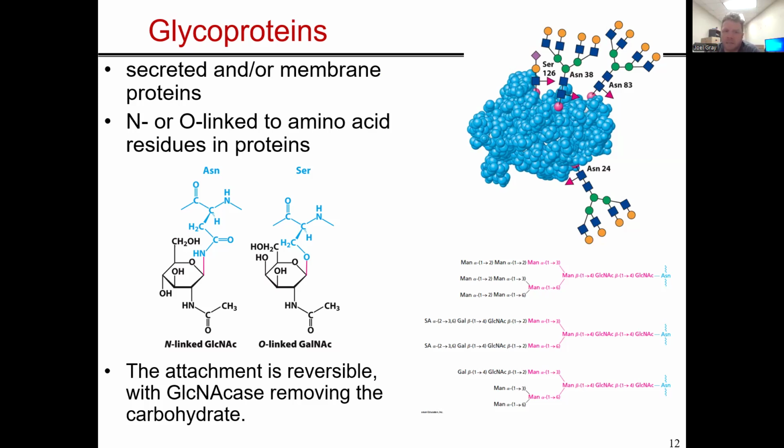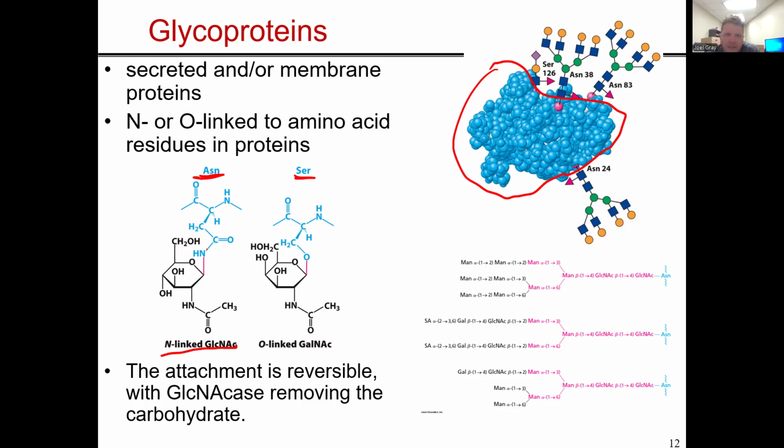What that means is that we have some modification to an amino acid. This blue blob right here is your protein. That protein is going to have either an asparagine or a serine. That asparagine is going to have an N linkage.